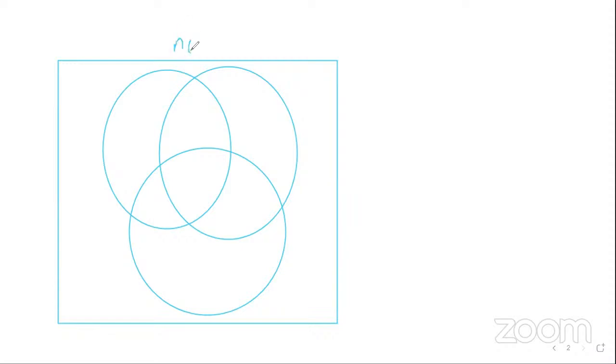The number of summation, it's written up on the universal, will be equal to 50. On the first set on our left, it will be for those who play chess. So number of chess equals 24. On the right, number of tennis equals 26.